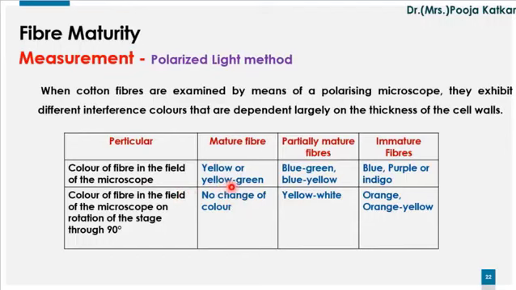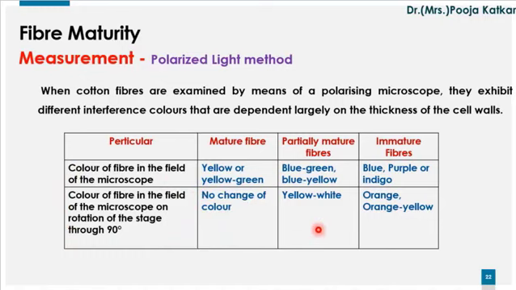Mature fibers will be yellow or yellow-green. Partially mature or half-mature fiber will be blue-green or blue-yellow, while immature fibers will be bluish-purple or indigo in color. When you turn the stage through 90 degrees, there won't be any change in color of mature fibers.